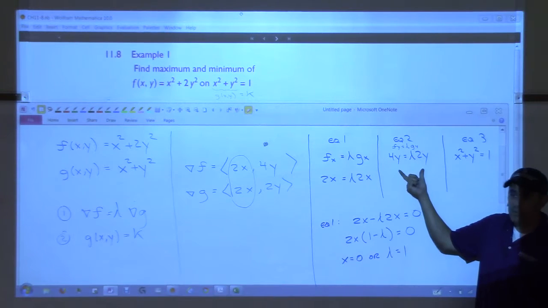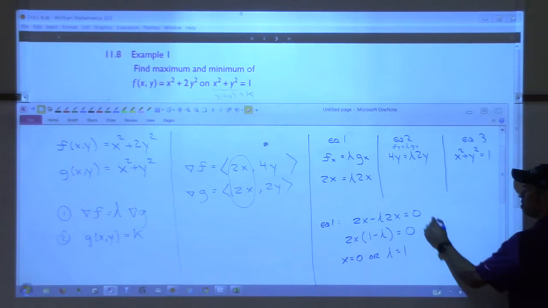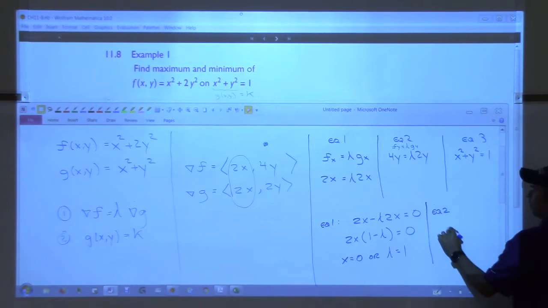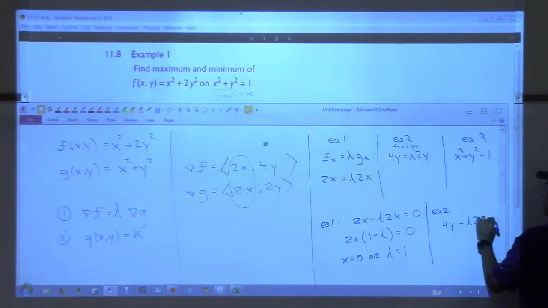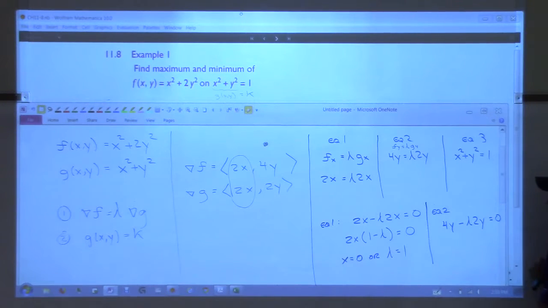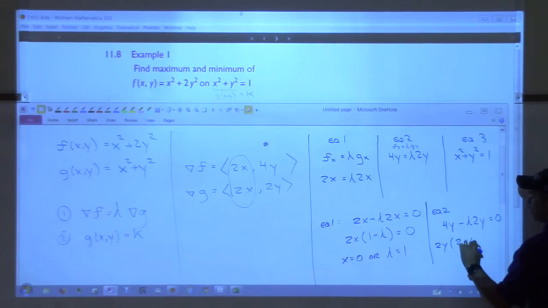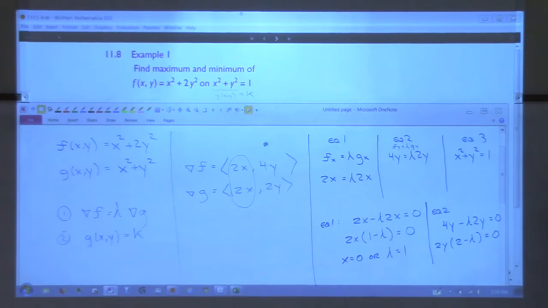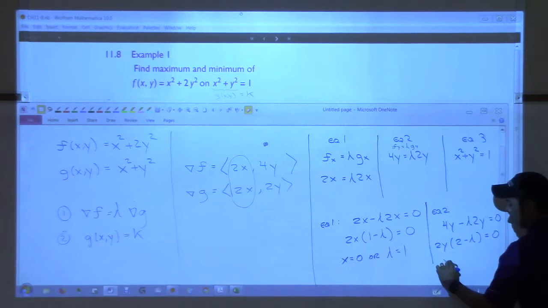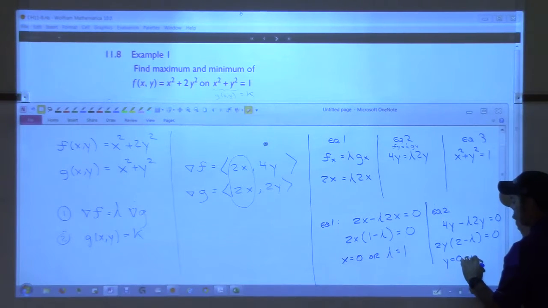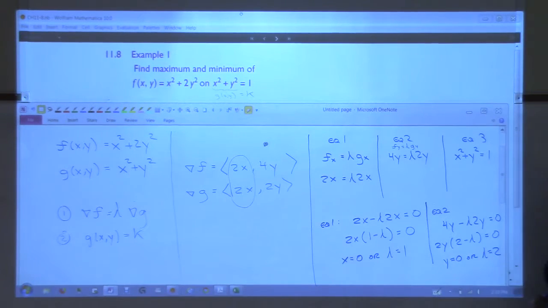Do you want to do the same thing for the second one? Let's look at equation 2. If we move everything to one side, we can factor out a 2y. We get 2 minus lambda equals 0. And this says that y must be 0 or lambda must be 2, right?